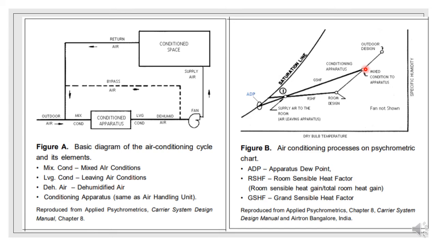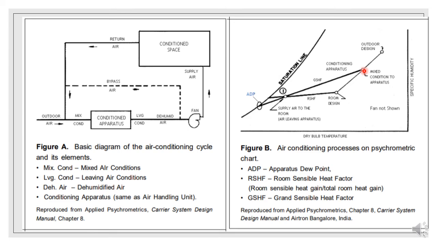This figure is not to scale, so just assume that the return air is 80% and the outdoor air is 20%. So the mix condition should be around here. Just stick to this point so that it's easier to understand. So this is the mix condition.